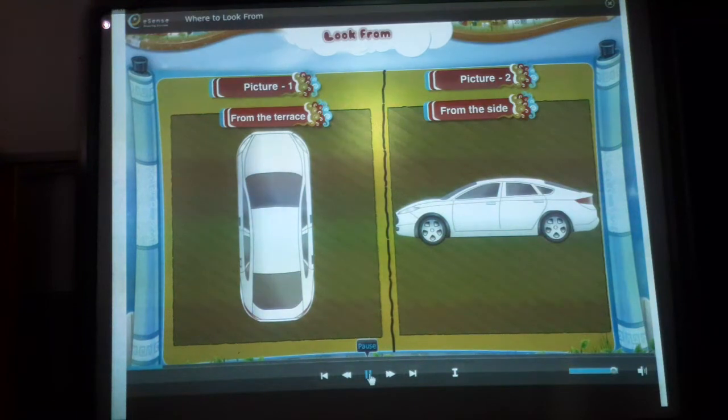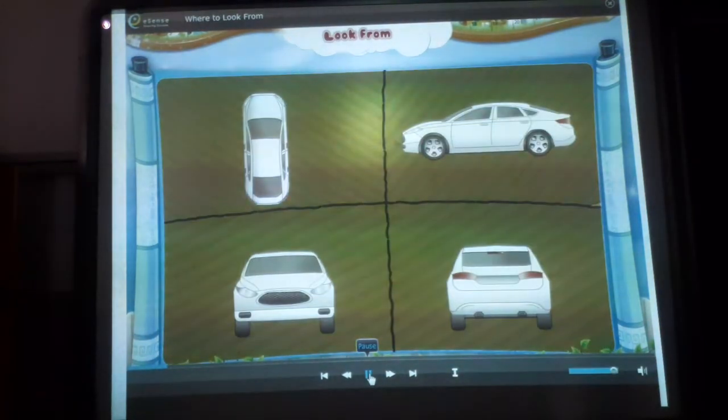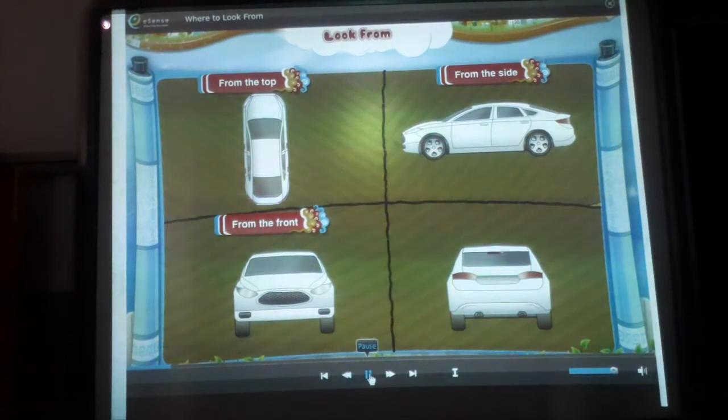From this, you will understand that when things are viewed from different sides, they will look different. Here, the different views of the motor car are shown. That is, when it is viewed from the top, viewed from the side, from the front, and from the back.